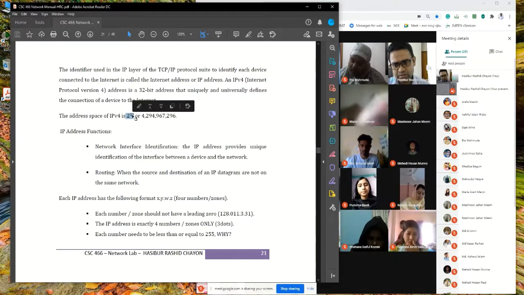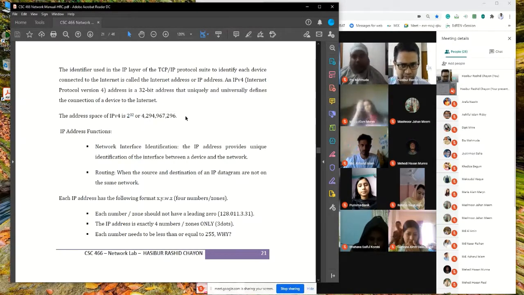If you calculate 2 to the power 32, it is 4,294,967,296. That means we have almost 4.3 billion IP addresses.